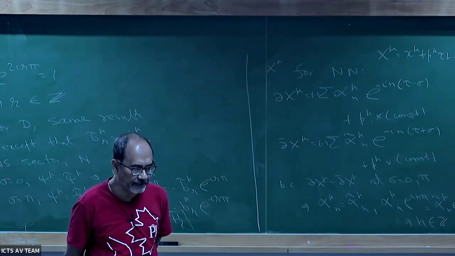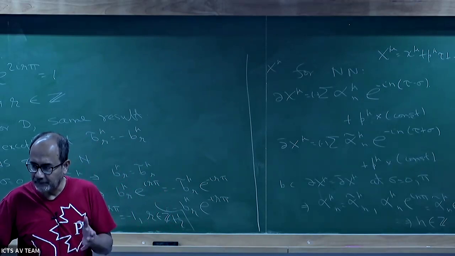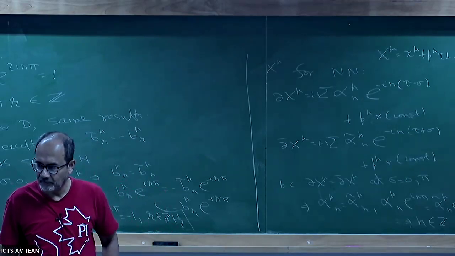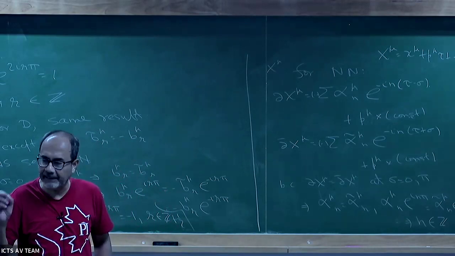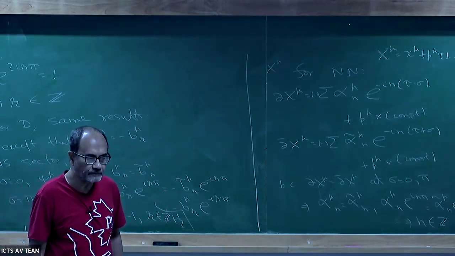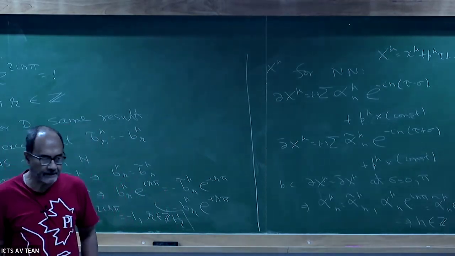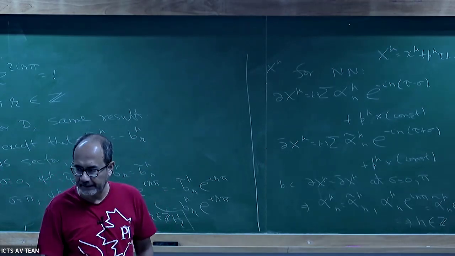That's the most general set of boundary conditions you can allow, which preserves Q. You have to make sure J sigma is 0 at the ends. The sigma component of J_B should vanish at both ends.